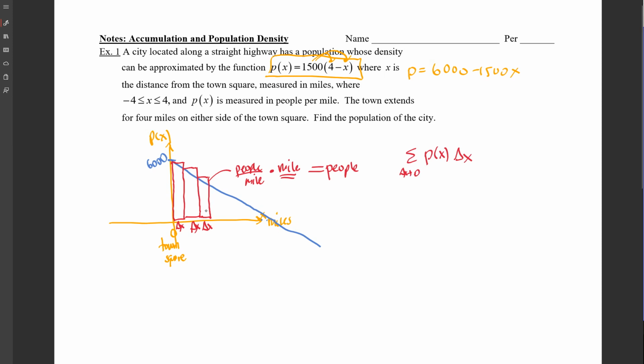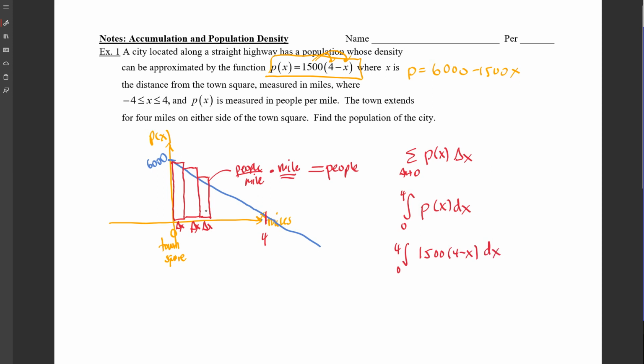And so what that means is this is the integral from 0 to, how many miles am I coming out to here? 0 to 4, of p(x) dx. The p is 1500 times (4 minus x), and the dx is just dx.